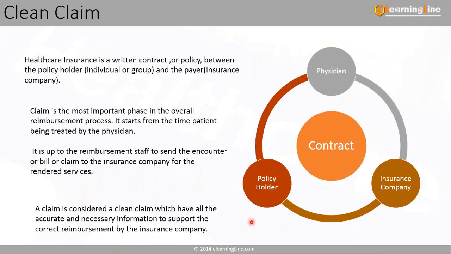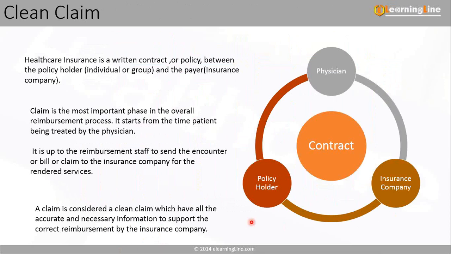Before we started talking about the clean claim, we understood what patient registration and reimbursement are and how that works. We have also talked about the policy and the policy holder, where the policy holder could be an individual or a group, and the payer is your insurance company.